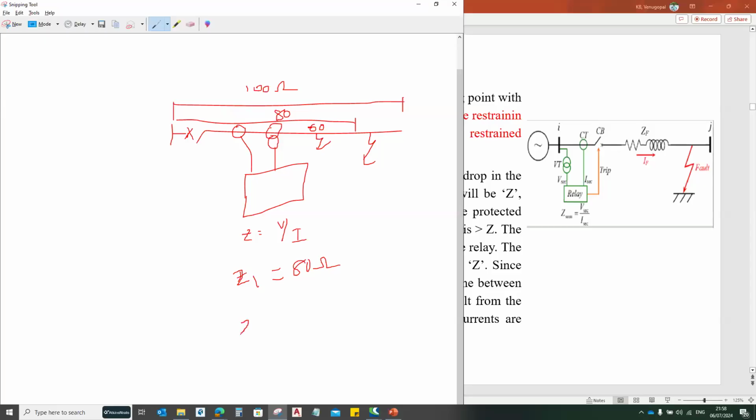So Z at the relay point will be V by I, that is 60 ohms. This is less than my Z1 setting, so I assume that the fault is inside my protected zone, and the relay will trip the circuit breaker. Understood?